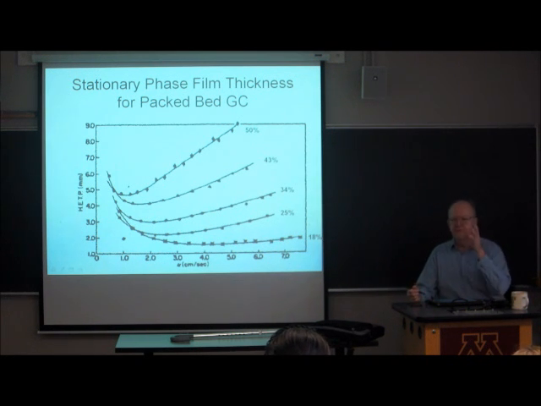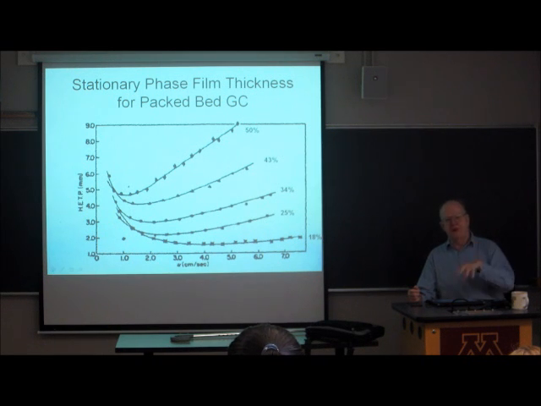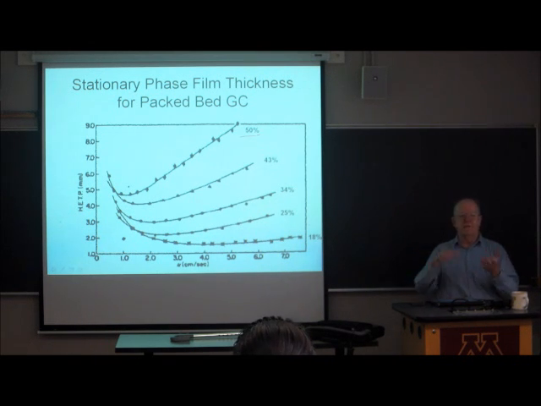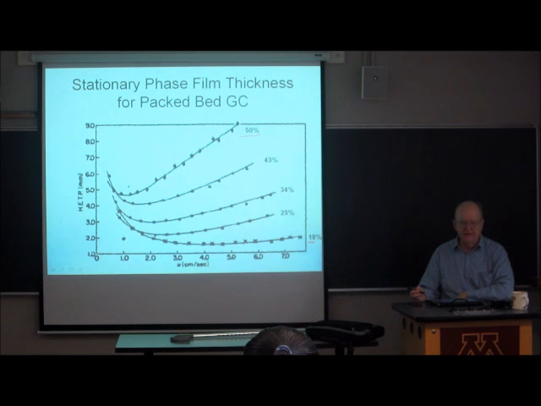They're the same mesh, same diameter, same porosity. They're the same particles, but they're coated with different percent by weight of stationary phase. So this one has 50% by weight of the particle as stationary phase. And then less and less and less. And so down here, it's only 18% by weight stationary phase liquid. The rest of it is the solid support particle.